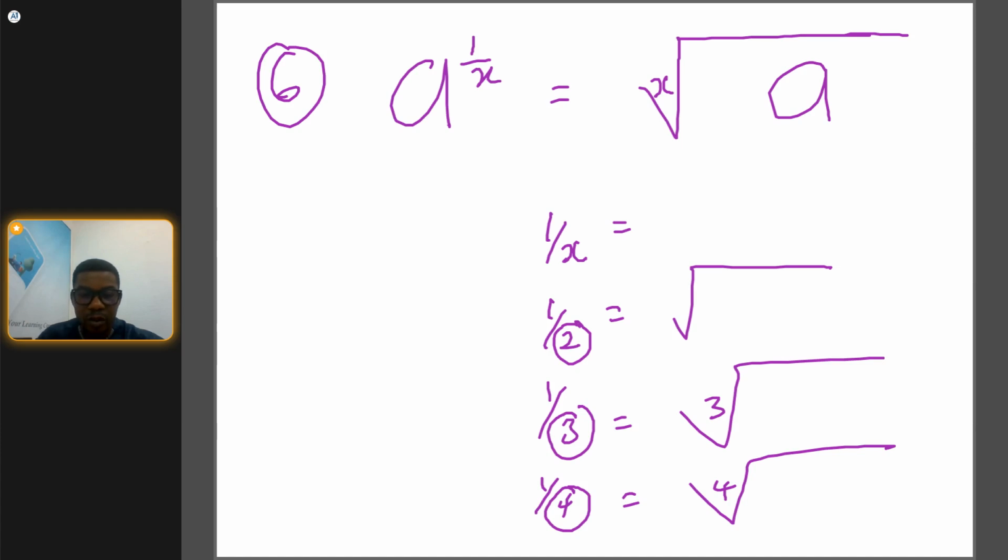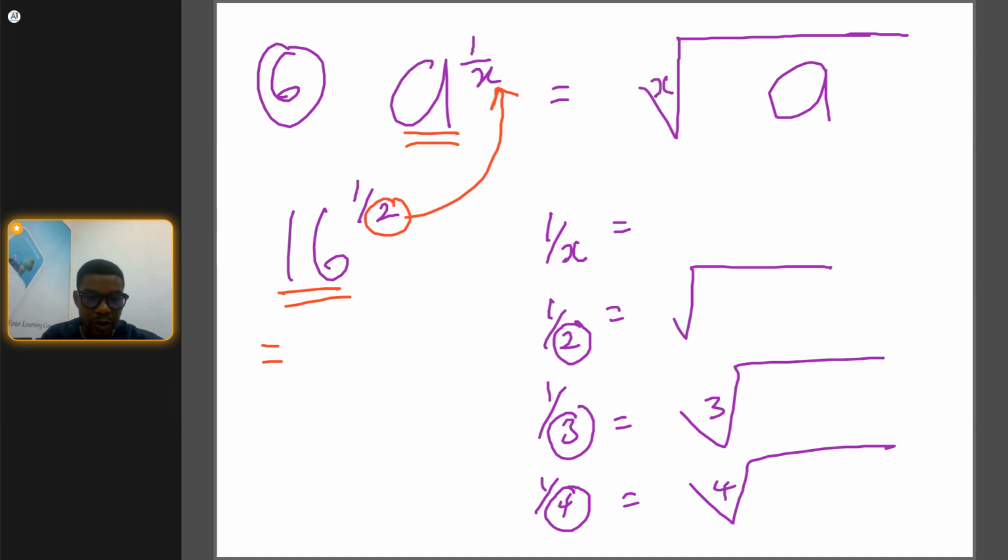All right. So let's take one simplification on that. I have, let's use 16 raised to the power of 1 over 2. If you are to solve this using this law of indices, 16 here represents A. We need to break it down, okay? Then 2 here represents what? X. So I have something of this nature.